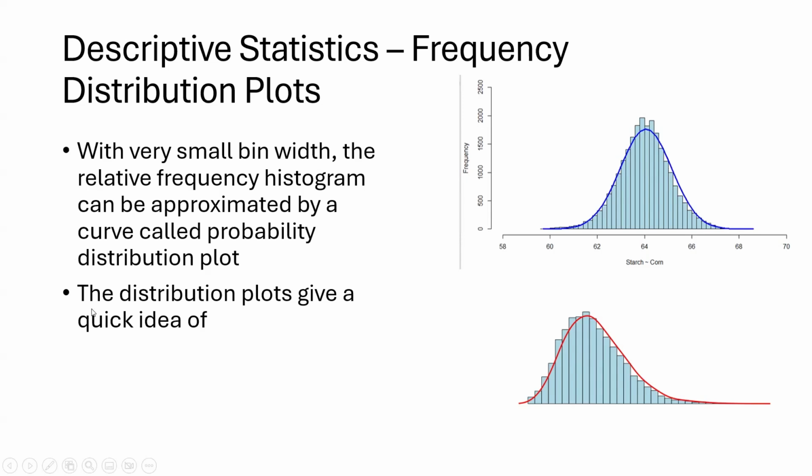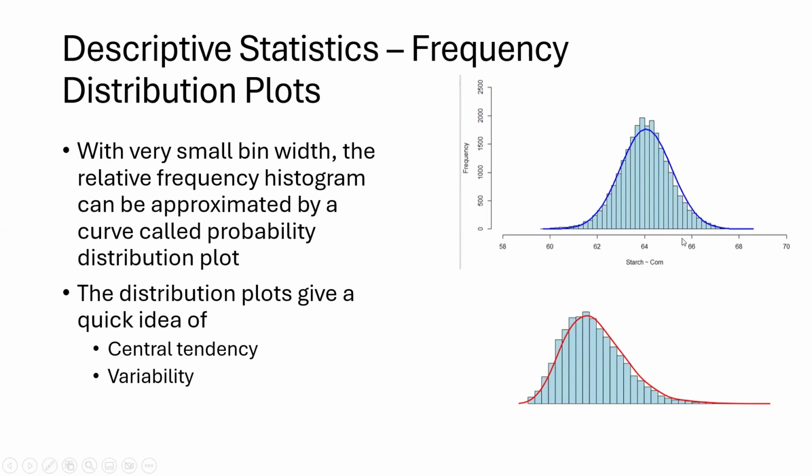So this distribution plot gives a very quick idea of the central location. In this case, you can identify that the central location is 64. Here we can identify that the data is skewed to the right. It has a longer right tail. How much variation the data has: you can see that the values range from somewhere around 60 to 67 or so.